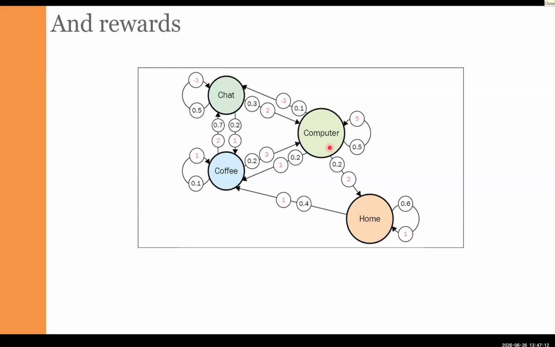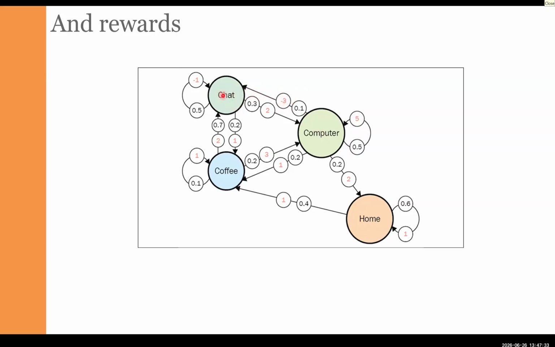And then the idea of the Markov process with reward is that once you move between the states, you also get some reward from it. For example, if you work at the computer and you keep working, you get a reward of 5. If you work on the computer, but you go to chat with someone, the reward is -3.